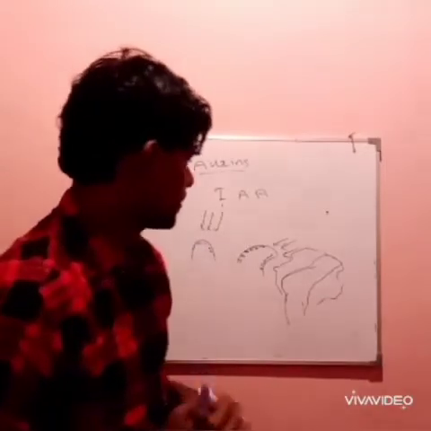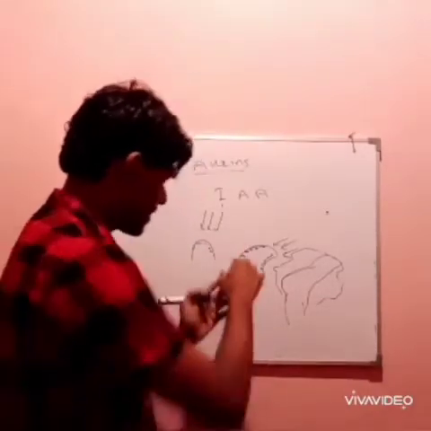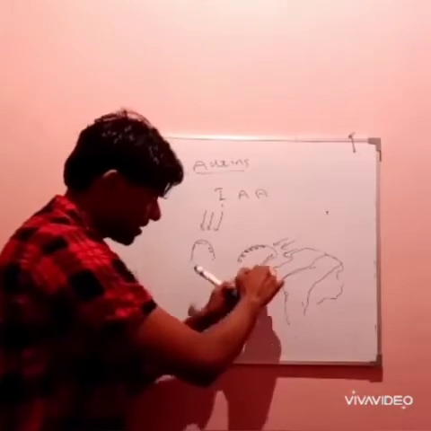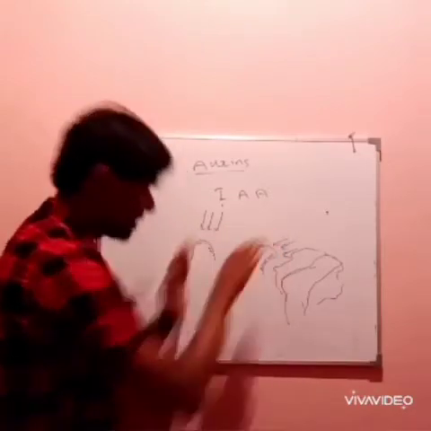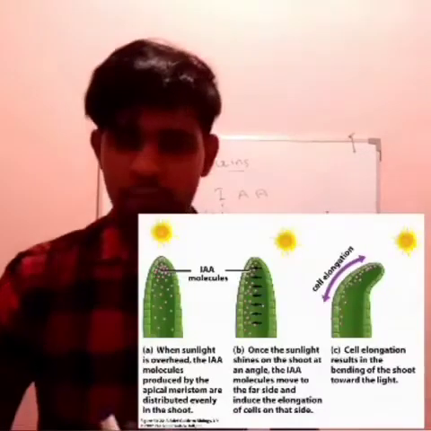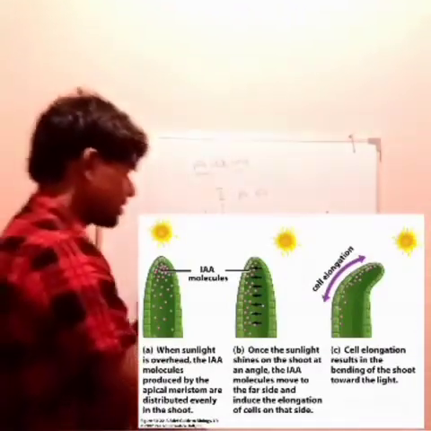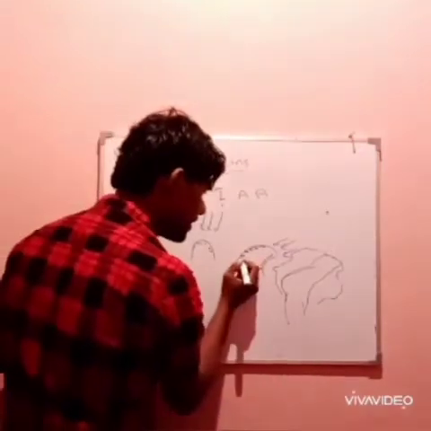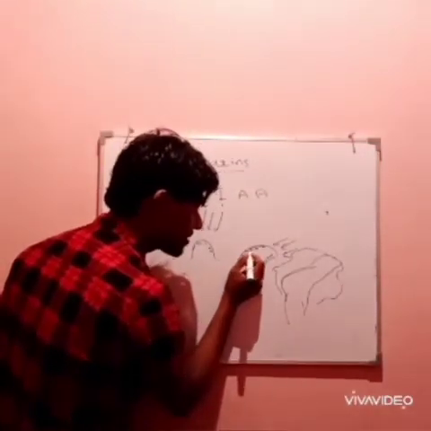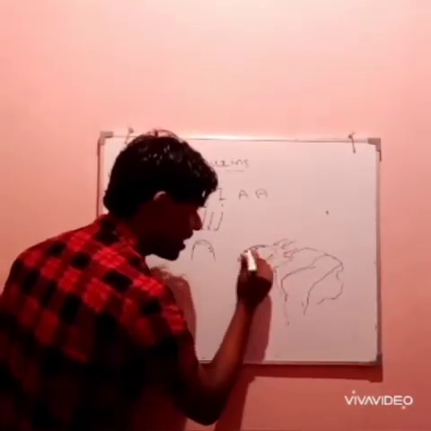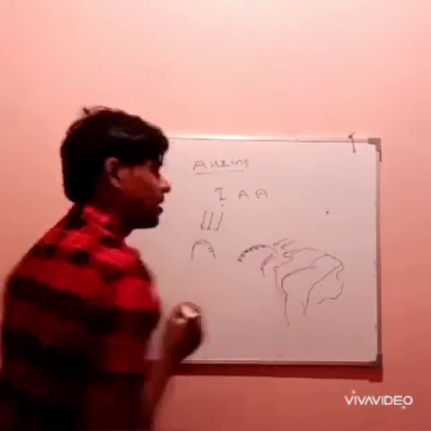This happens because the elongation of this side is faster than the other side, so this side can bend the other side that way. For that to happen, the growth substance is accumulated more on the other side, that means the side where light intensity is lower.